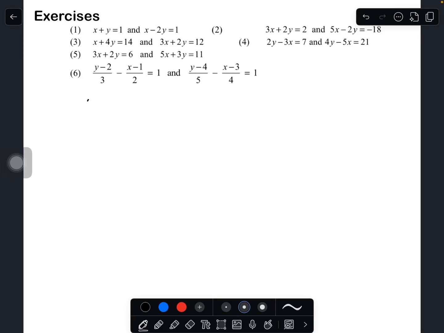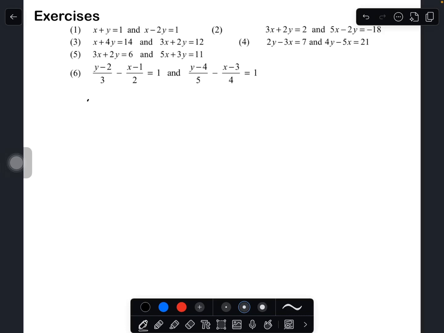So in this third sum, we can see that our coefficients aren't the same for x or y. So I would now move on to the substitution method. Now with the substitution method, I have to make one of these variables the subject of my formula. I'm going to look for where the coefficient of x is 1. And I have it here. It's in the first equation.